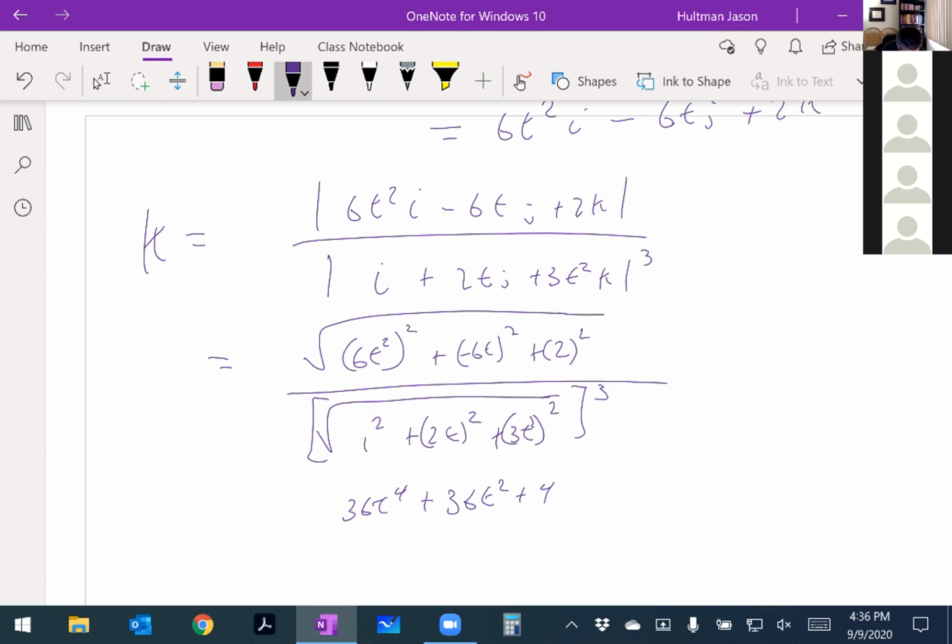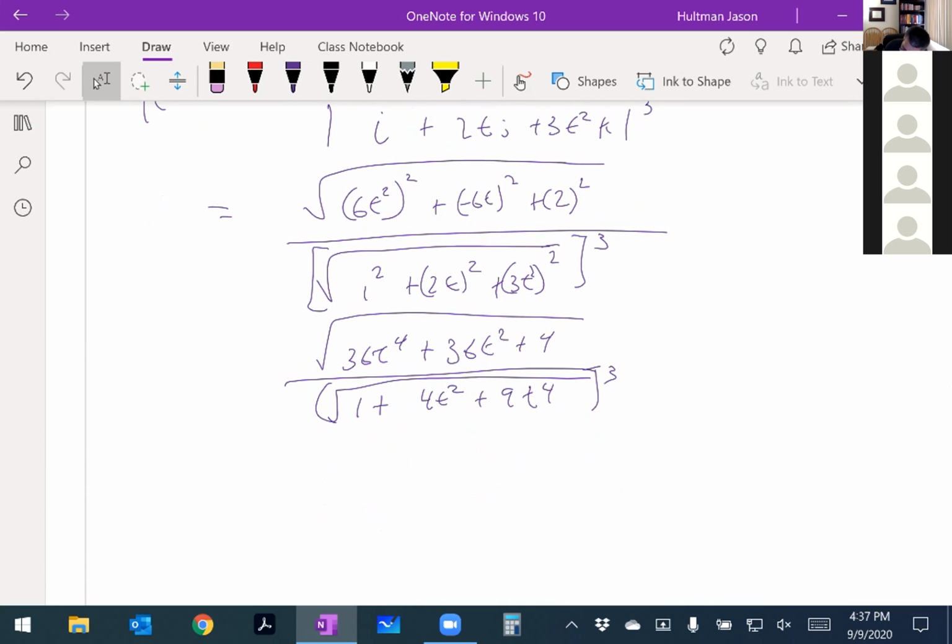Square root that, all over 1 plus 4t squared plus 9t to the fourth, and all of that, think about this for a second, square rooted to the third power.